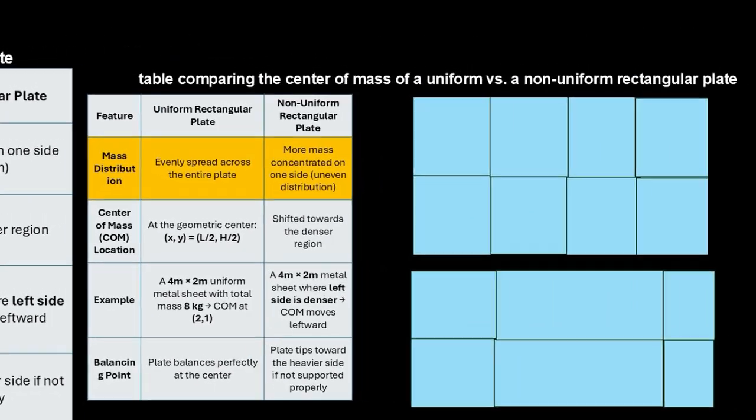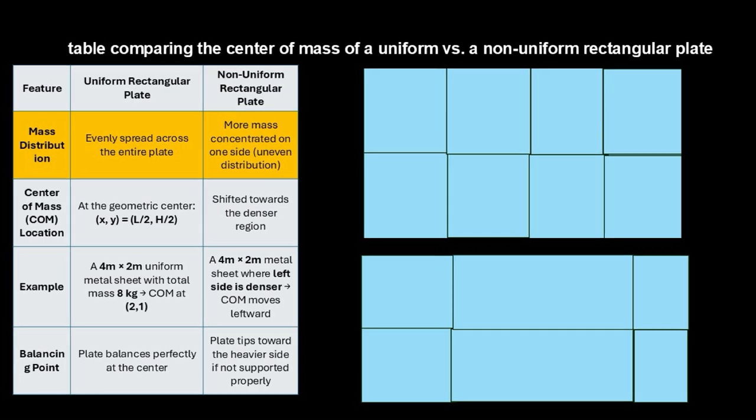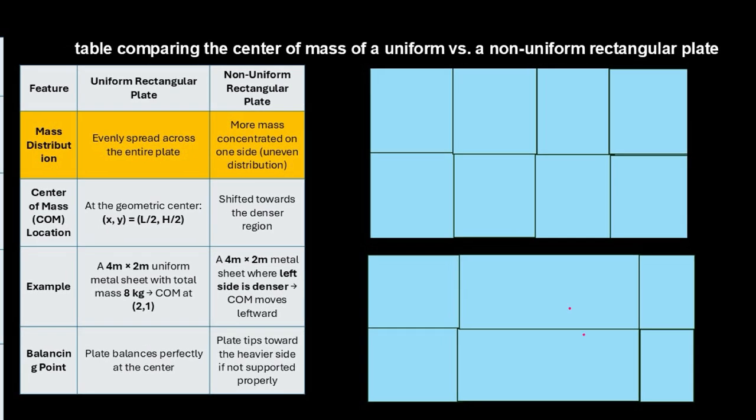Now, if we compare the center of mass of a uniform versus non-uniform rectangular plate, this is where we drew the diagram earlier. So this was the center of mass of an even plate, and for uneven distribution, it would shift towards the side where there is more mass density.